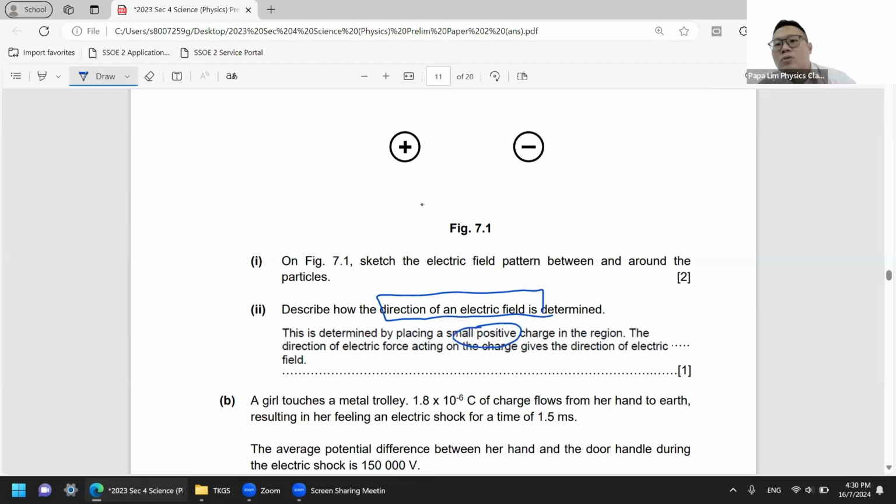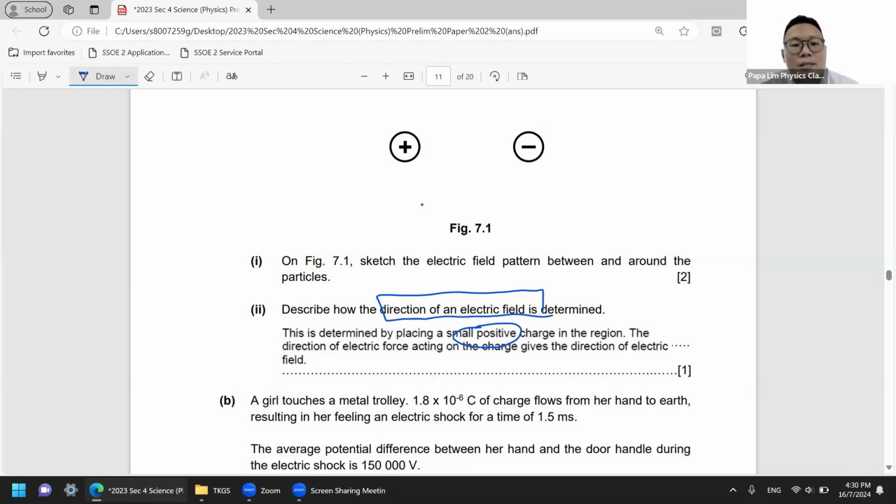By convention, we use a positive charge. I place it inside the electric field and observe where this positive charge moves. Where it moves indicates the direction of the electric force acting on the charge, and as a result it gives rise to what we know as the electric field.